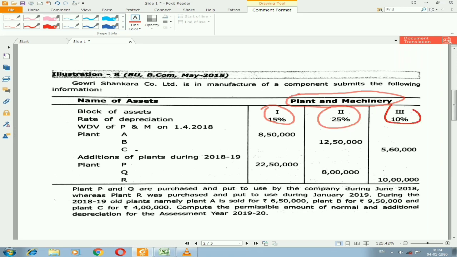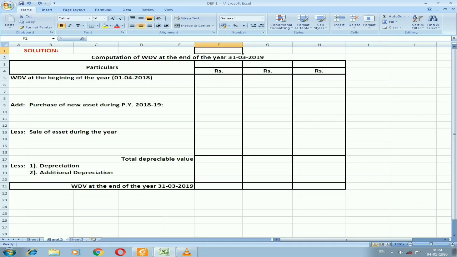Next I have plant and machinery block 3 of 10%. So I'm entering it: plant and machinery block 1 15% for the first column, plant and machinery block 2 25%, and plant and machinery block 3 10% in the third column.